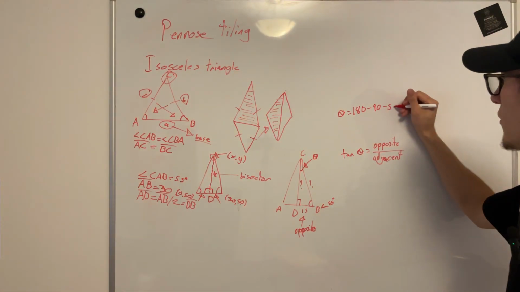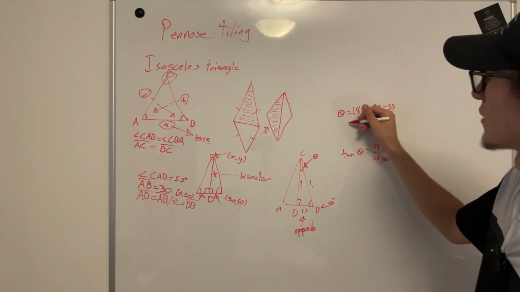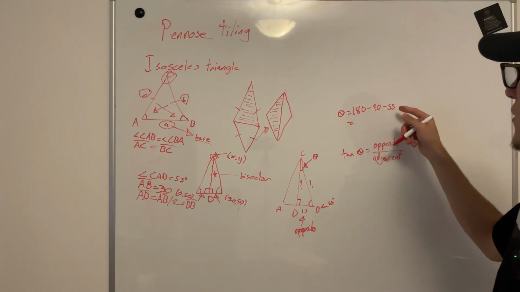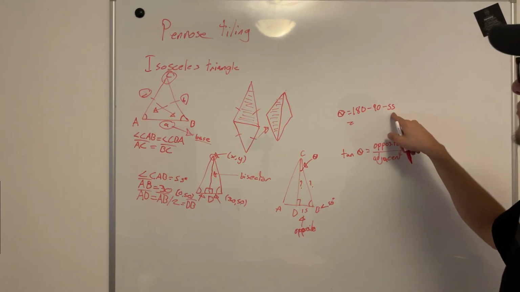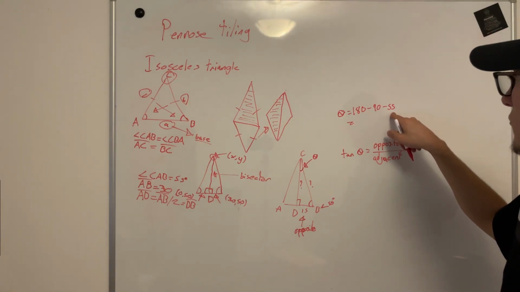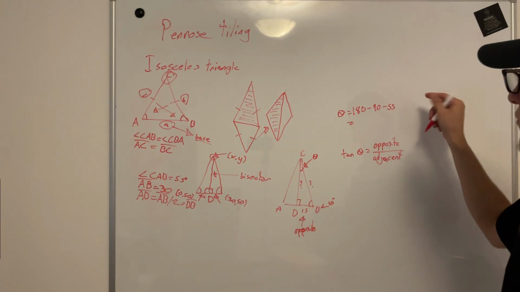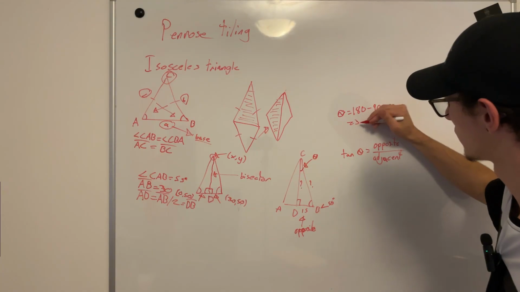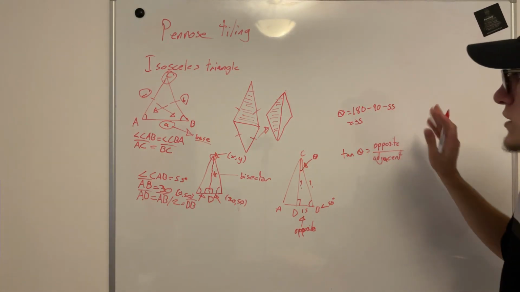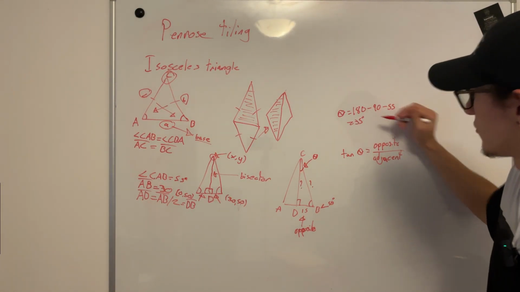So 90 minus 55 is 35. Hopefully this is right. Anyway, so we know the angle is 35 degrees.